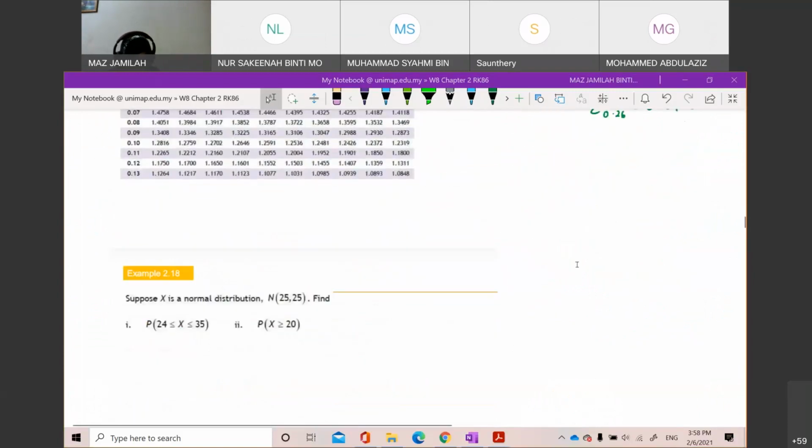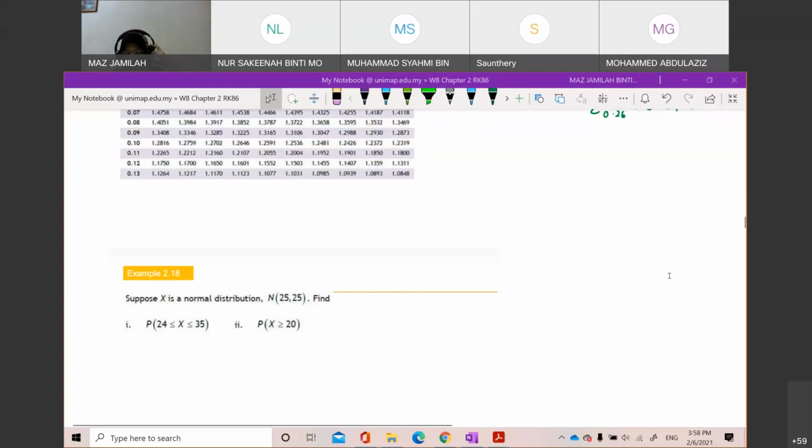Now look at the question on example 2.18. Example 2.18 is one of the examples of how the real normal probability distribution question is involved. But the initial example is directly on how you can convert from the normal probability distribution into standard normal, then how we can solve that.